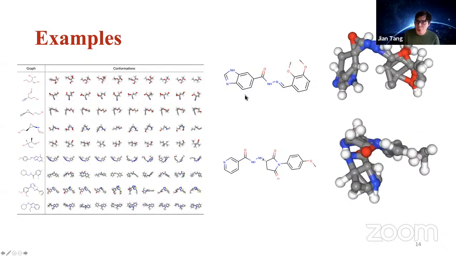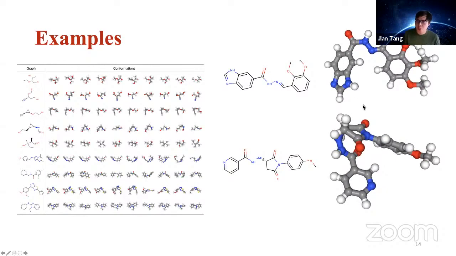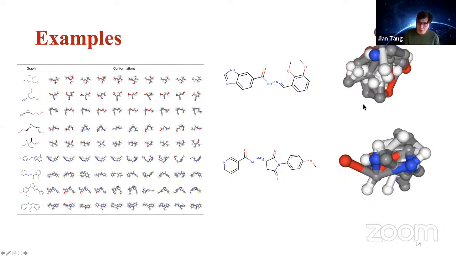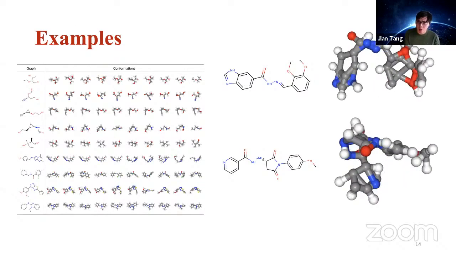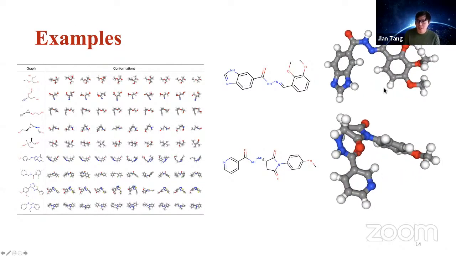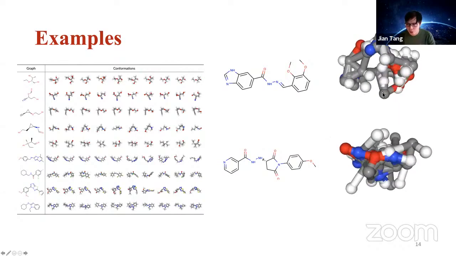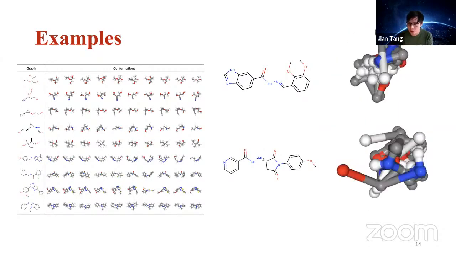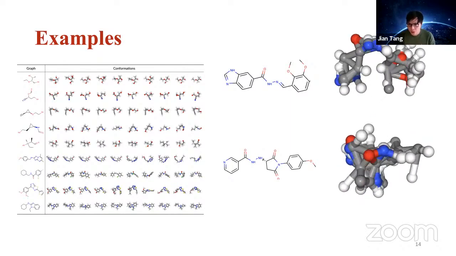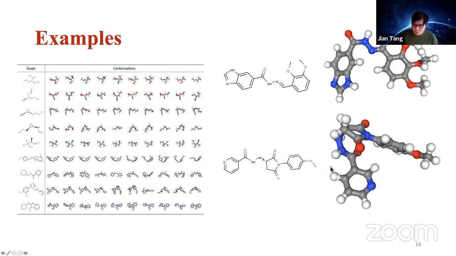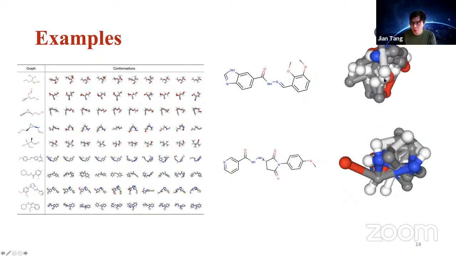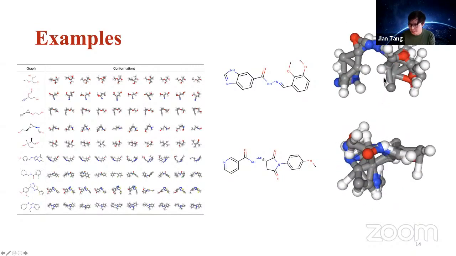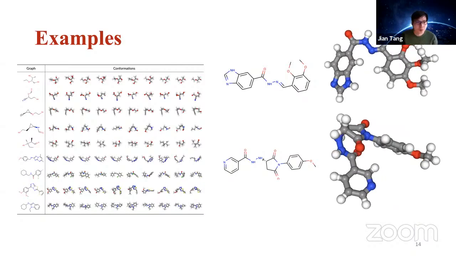Here is a visualization of how the conformations are generated by our algorithm. You can see that our algorithm is able to transform the base noise distribution into stable conformations. Here are two examples. This process is modeled by the flow-based dynamic model.